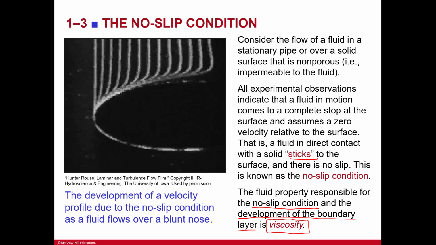The development of a velocity profile due to the no-slip condition as the fluid flows over a blunt nose. So think of this, and it doesn't really matter what this is, but let's just say it's a wing, because it kind of looks like a wing.